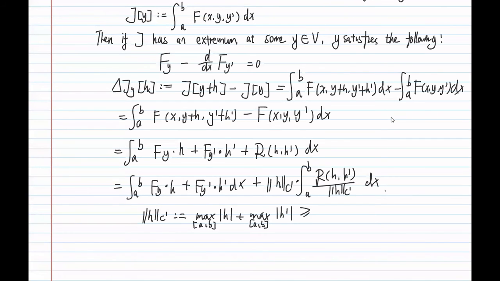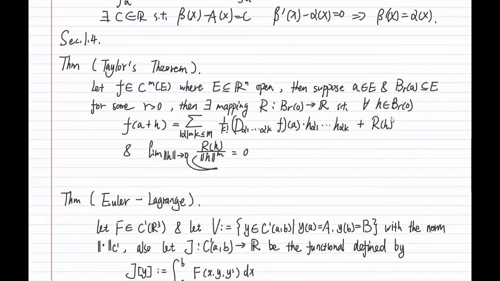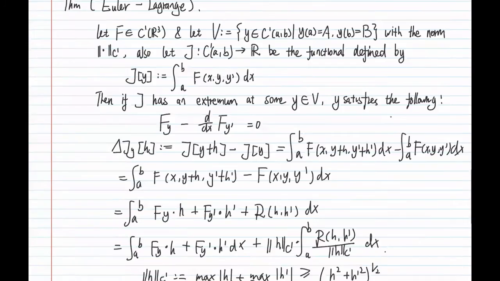That is always larger than or equal to (h squared plus h prime squared) to the one half, which is the R2 norm of the vector (h, h prime), right? So this is the norm that we're using here, right?